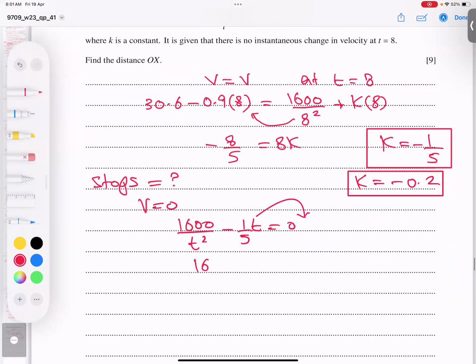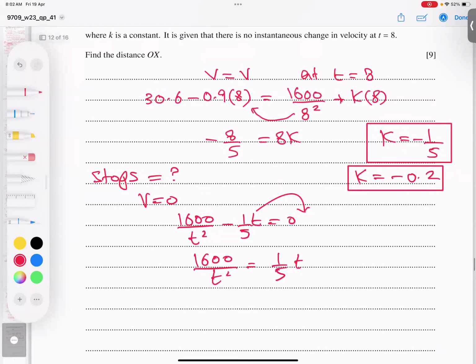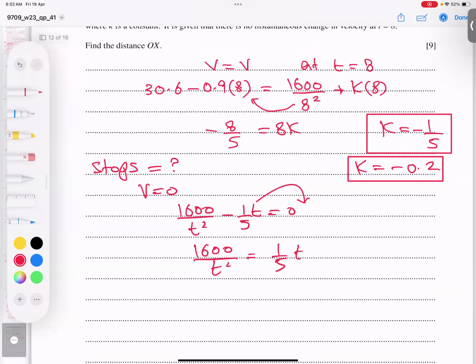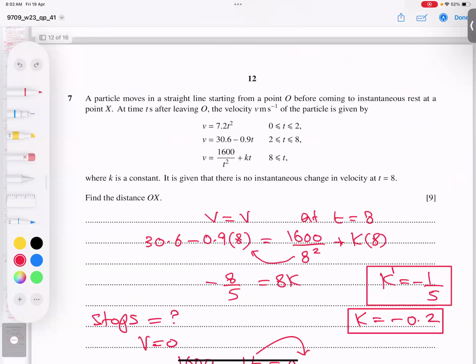So 1600 over t to the power 2 equals 1 over 5t. Cross multiply, so 1600 times 5, I get 8,000, and t cubed. The cube root will give you 20 seconds. It means 100% confirmed that it starts from T equals 8 and ends at 20. So it stops at 20. Now he's asking for distance.